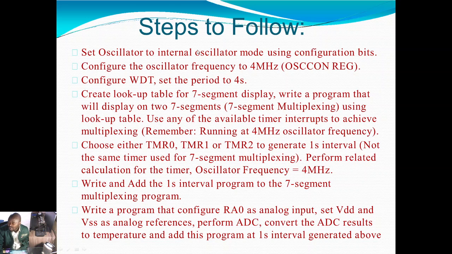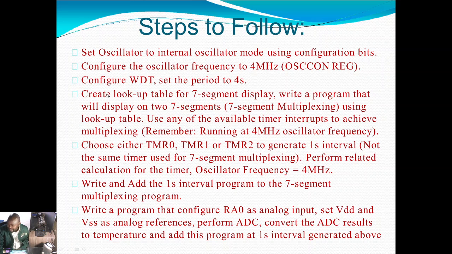First thing, go and configure or set the internal oscillator in the configuration bits, and then configure my internal oscillator to run at 4 megahertz. To do that, I'm going to have to look at the OSCCON register, oscillator control register, and then go configure my watchdog timer to time out at 4 seconds if not cleared, and then create a 7-segment multiplexing program.